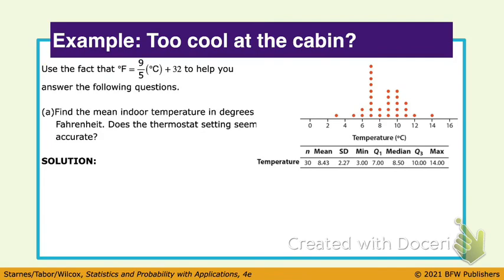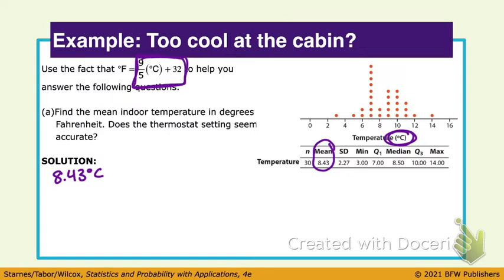All right, so let's look at this. We're going to find the mean indoor temperature in degrees Fahrenheit. The mean in degrees Celsius is 8.43, so 8.43 degrees Celsius is our current mean. What I need to do is this conversion to get to Fahrenheit.